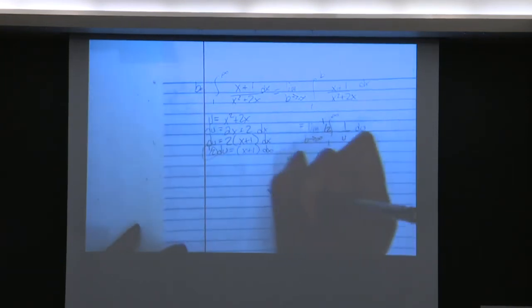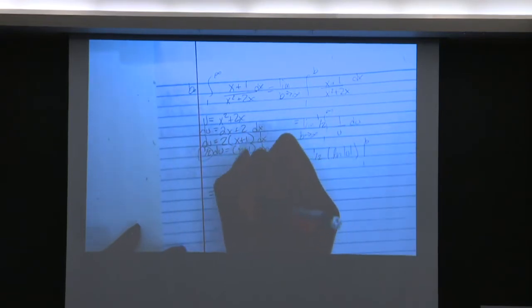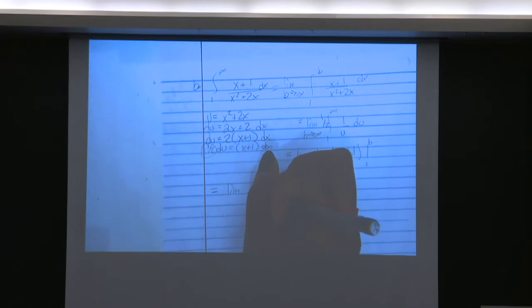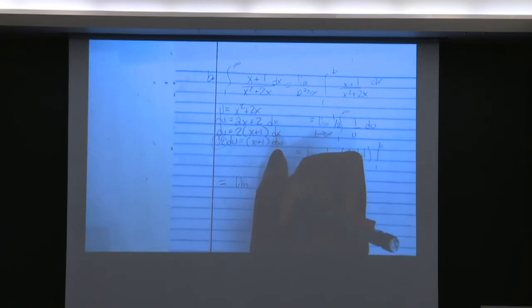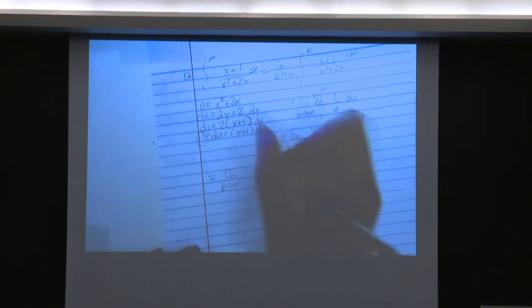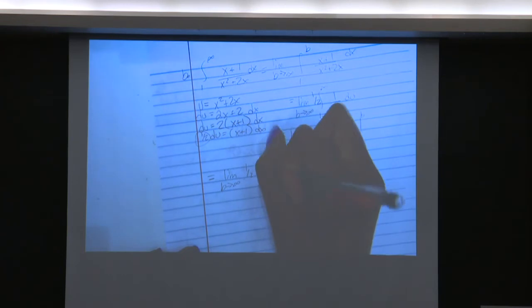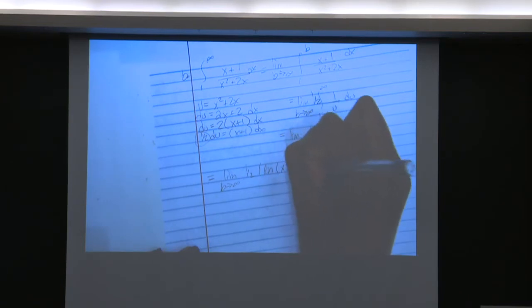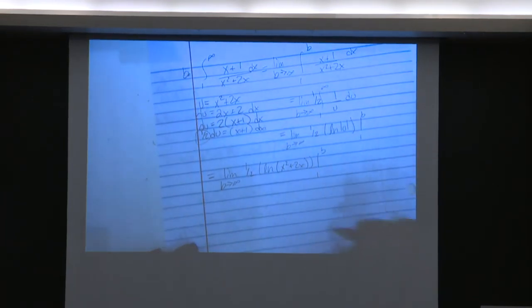I'm going to take that as a yeah. So then I just go through and sub. The limit as b approaches infinity of 1/2 ln of x squared plus 2x, from 1 to b, then I evaluate.